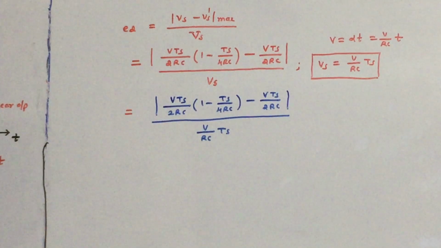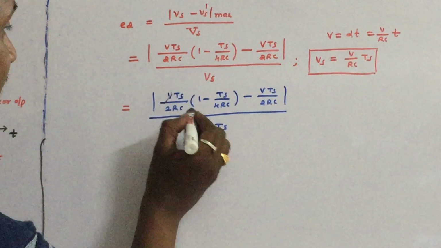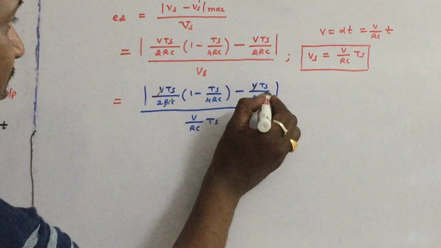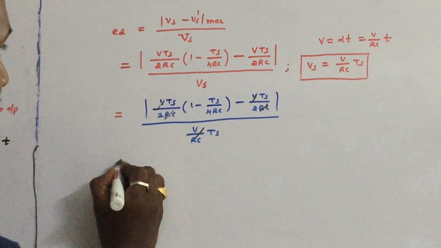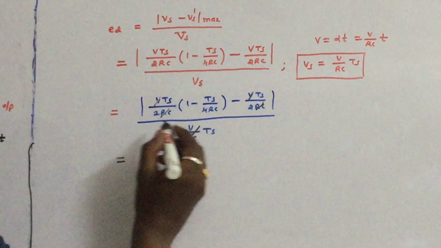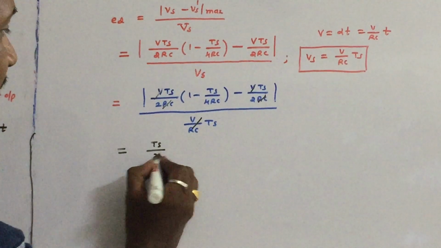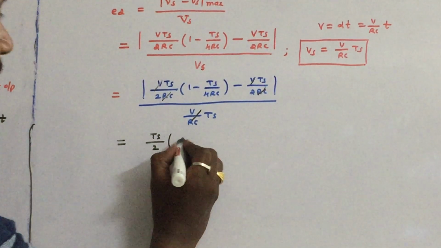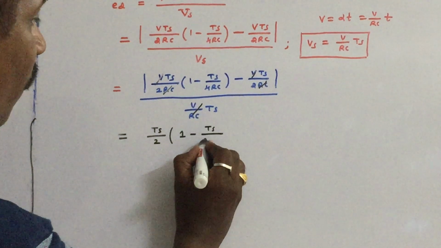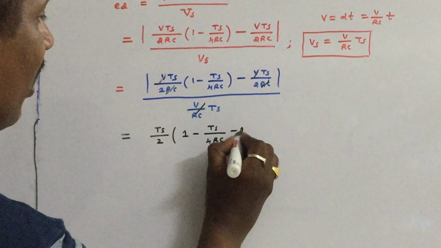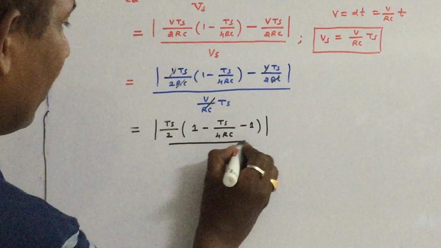Let us cancel out these things. V by RC gets cancelled out. You can take Ts by 2 as common in the numerator: Ts by 2 into 1 minus Ts by 4RC minus 1, taking the magnitude, divided by Ts.